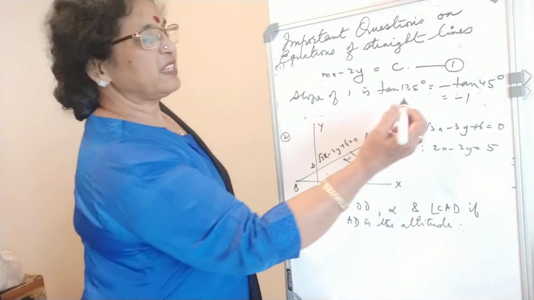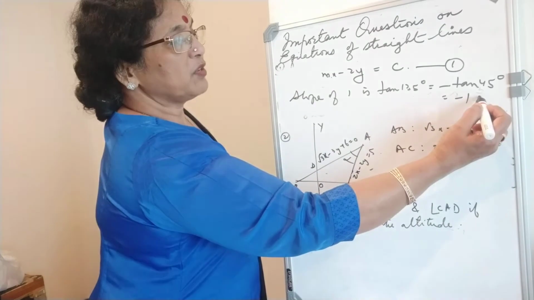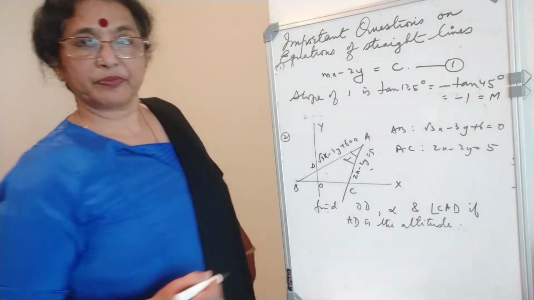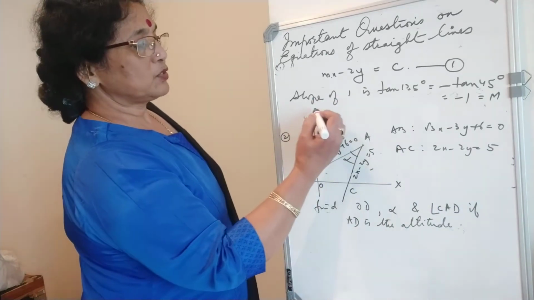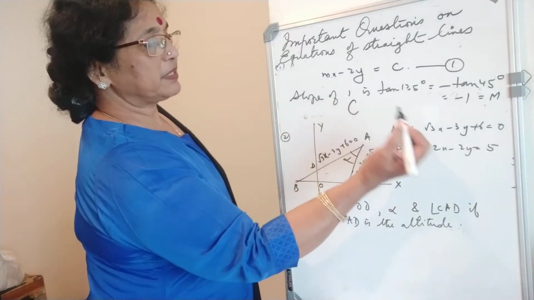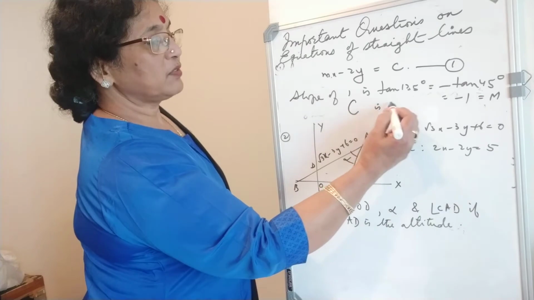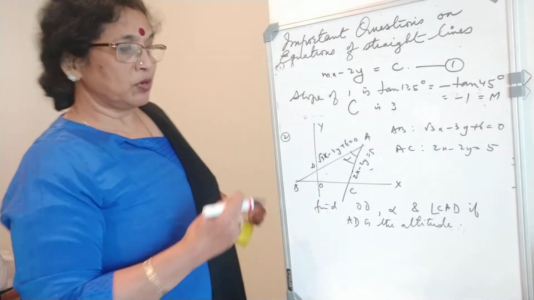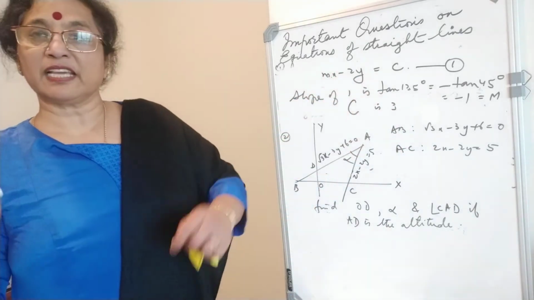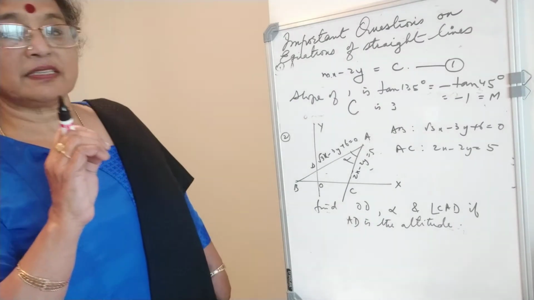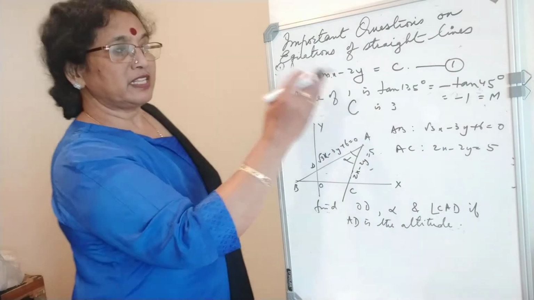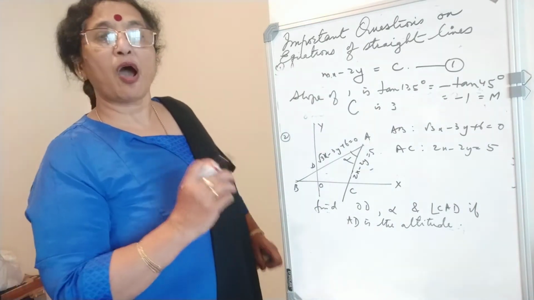So we can write capital M, because m is already used. Am I right? And then the y-intercept, you can write capital C, that is 3. So the equation of this line basically becomes y = minus x + 3. But it is given in this format. Then how do I do it?